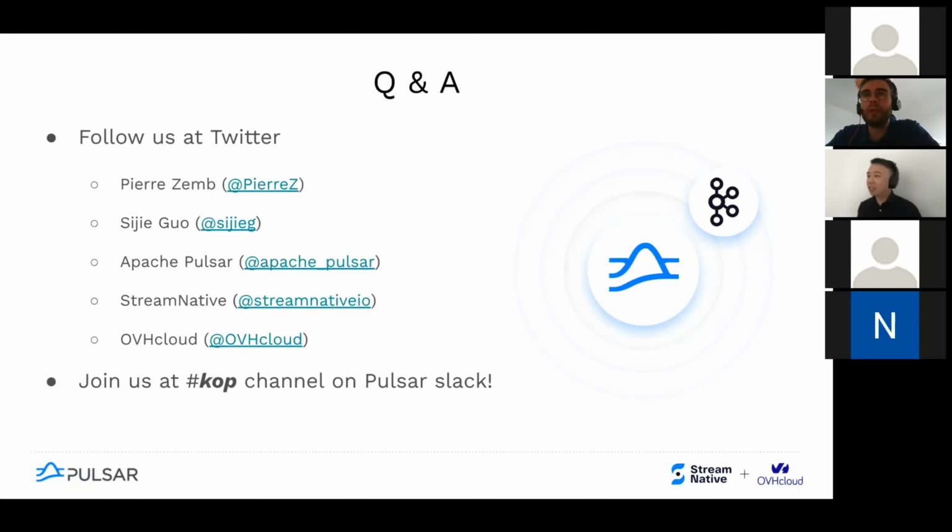Is LibRD Kafka supported? LibRD Kafka is the main library used to speak Kafka, and almost all versions of LibRD Kafka should be fine, except I think the last one, because we have some breaking changes on the protocol in Apache Kafka 2.4, and there are a lot of breaking changes, and LibRD Kafka is already synced with these changes.